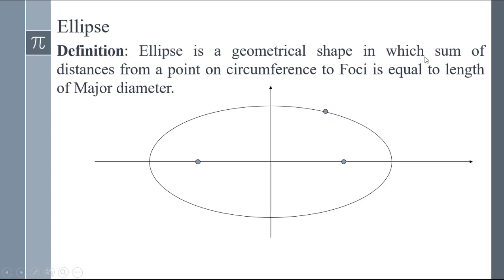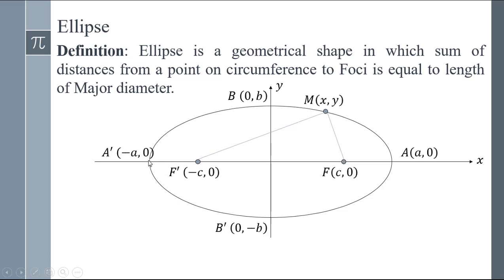It says that sum of distances from a point on circumference to foci. We have one point on circumference and we have two focus, which is now foci. Now the distance from the first one plus the distance from the second one is equal to the length of major diameter from A to A bar.